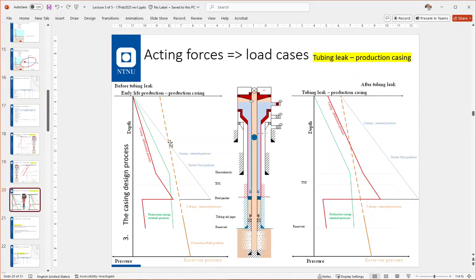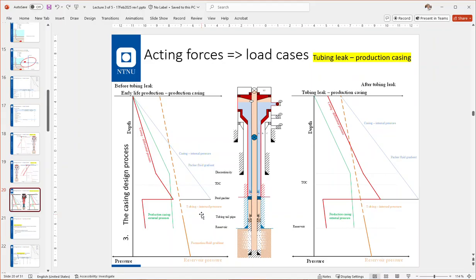So inside the tubing, we have the regular gradient line, the internal annulus packer fluid gradient, and you have some fluid in the annulus of the production casing. And in red, we see the differential pressure between the green external fluid.